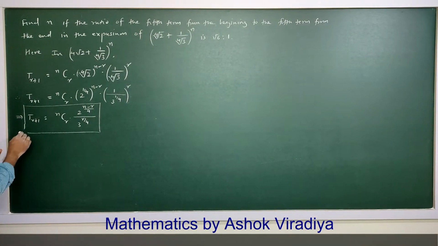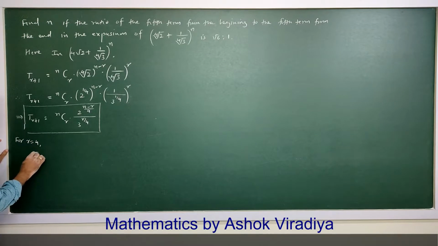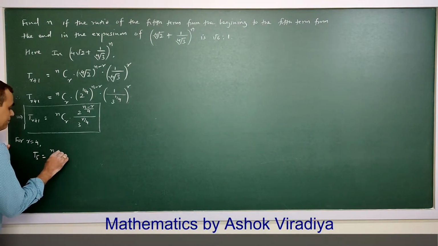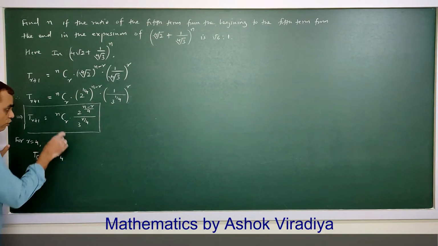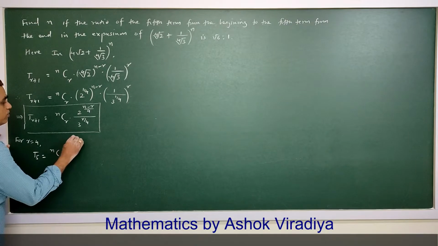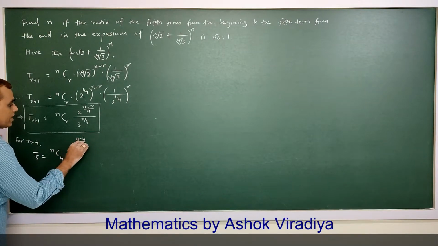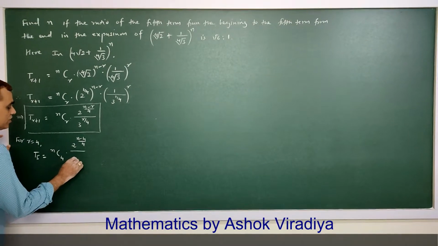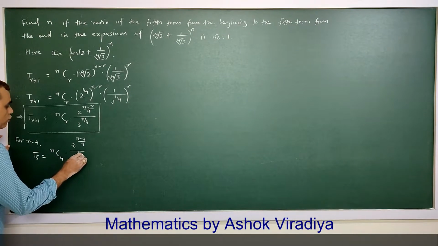Now, the fifth term from the beginning: for r equal to 4, we are getting the fifth term. Putting r equal to 4, 4 plus 1 is 5. So NC4, r is 4, 2 raised to n minus 4 by 4 upon 3 raised to 4 by 4.